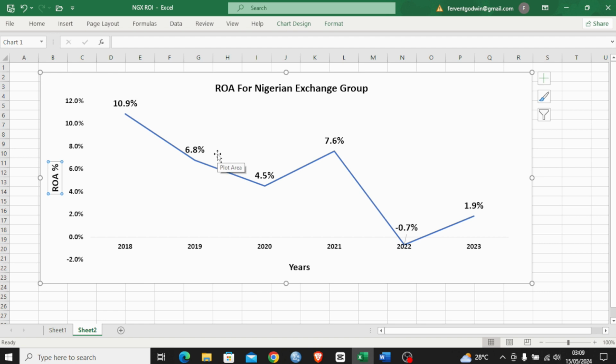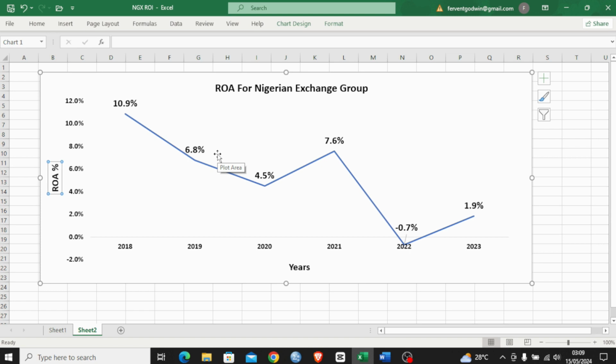Let me give a clearer picture on that. The return on assets is a metric that measures how efficiently a company uses its assets to generate profit.